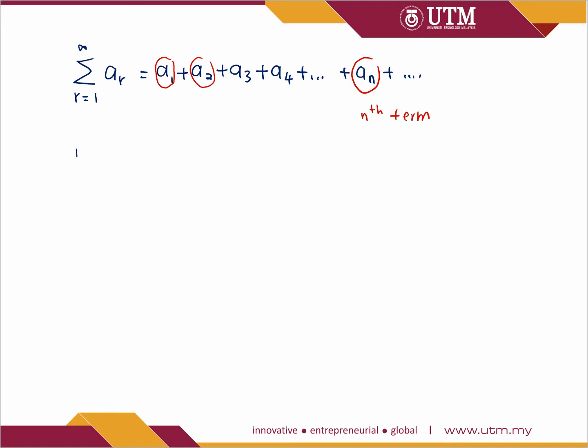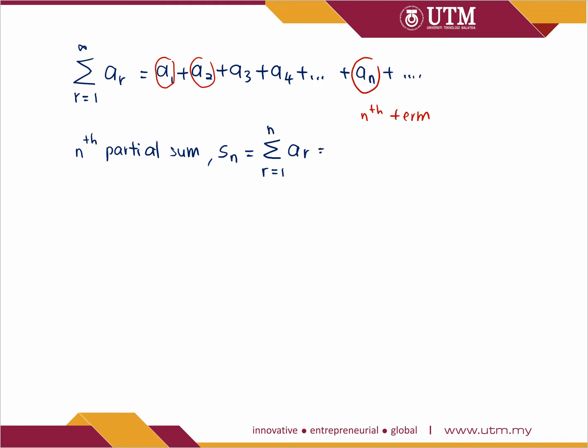So the nth partial sum will be S sub n, where we can write it as the summation of a_r, where r starts from 1 up to n, because we only want to find the nth sum.